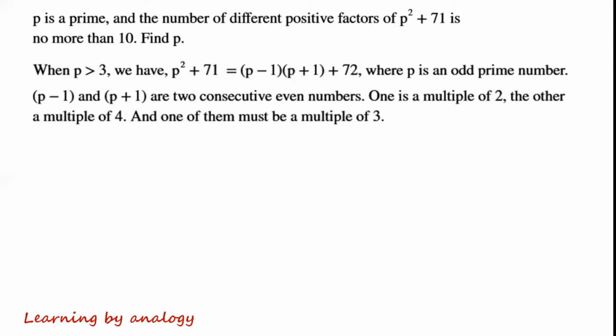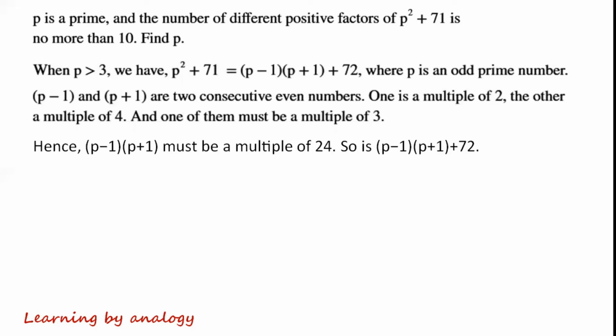One is a multiple of 2, the other is a multiple of 4, and one of them must be a multiple of 3. Hence, p minus 1 times p plus 1 must be a multiple of 24.